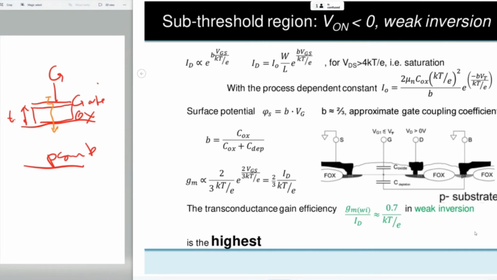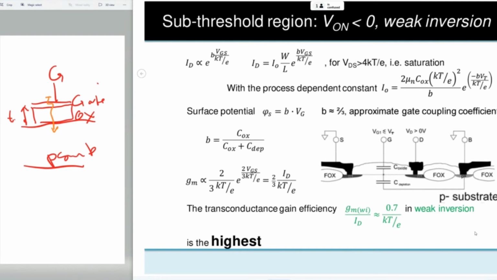So this means that it's a small gain, it's a small gm, yes, but also it's a small investment of current. The biasing current is still very low. So the efficiency of investing, what you get, and this is gain, and what you pay, and this is the biasing current, this efficiency is the highest possible.